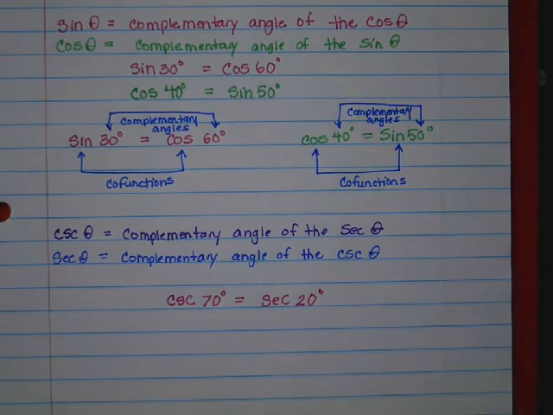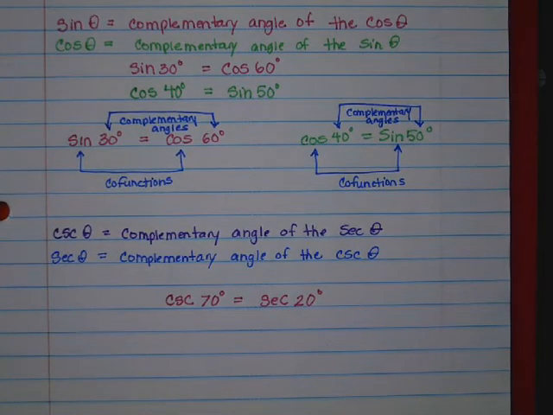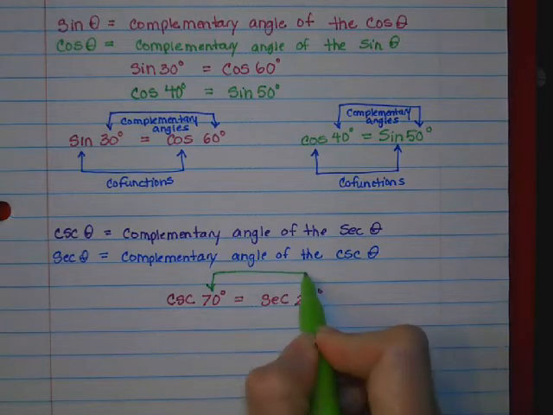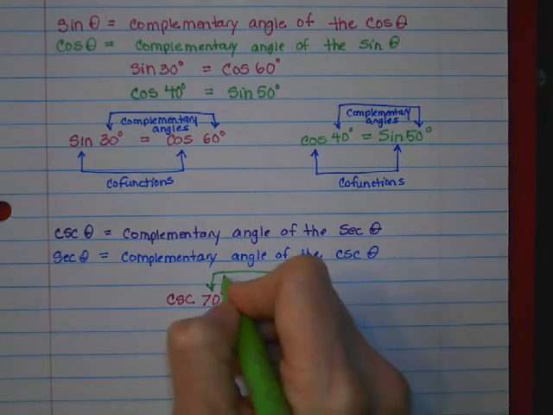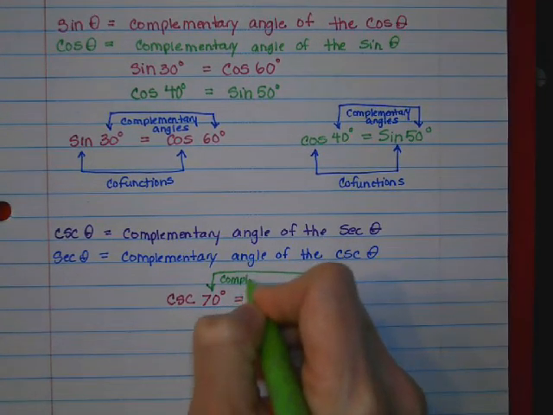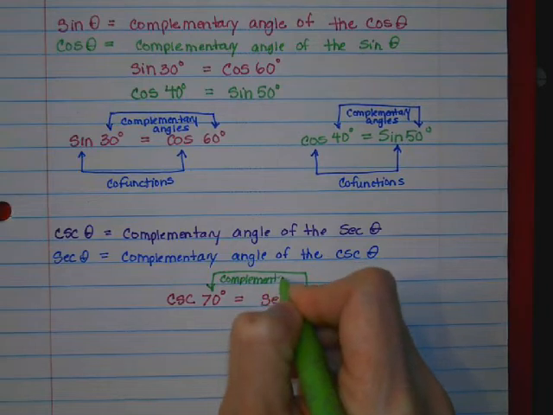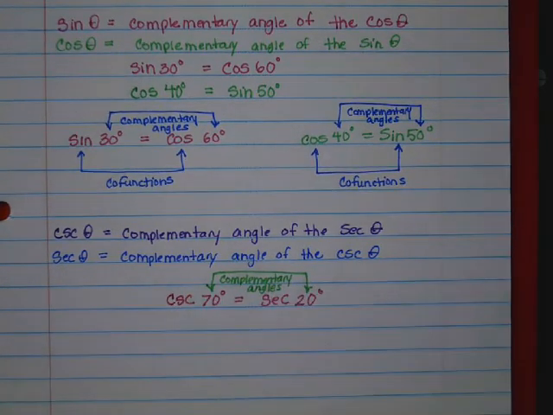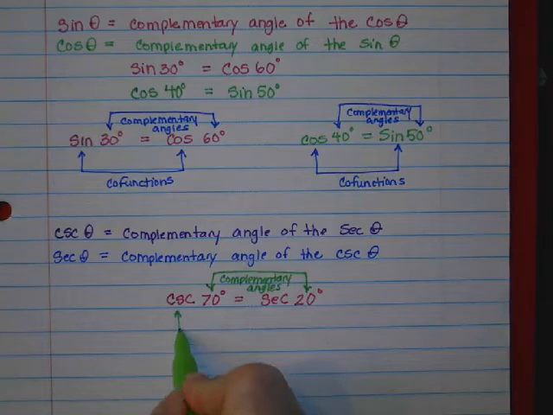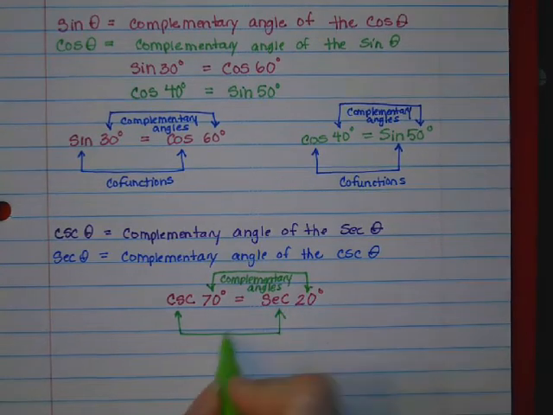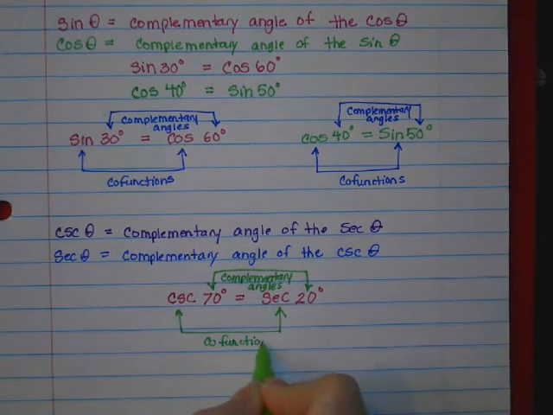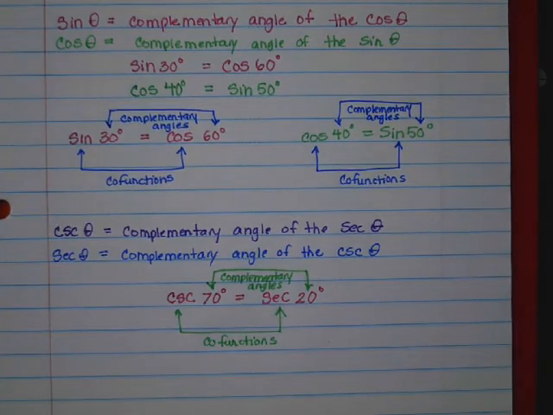What we want to notice in this picture is that our 70 degrees and our 20 degrees are your complementary angles. And then the cosecant and the secant are cofunctions, and they work the same way as the sine and cosine do.